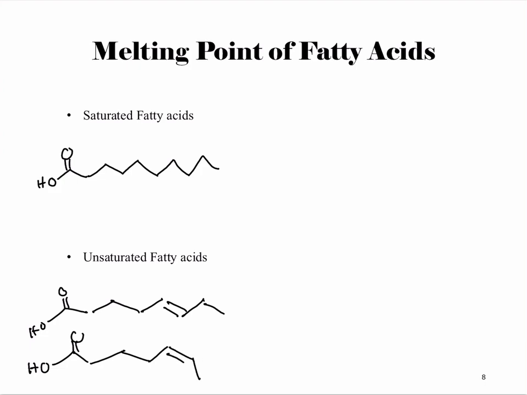Whenever we have the cis configuration, I'm going to draw it the other way, it'll affect the three-dimensional shape of the molecule. It'll create a kind of kink or bend in the molecule.